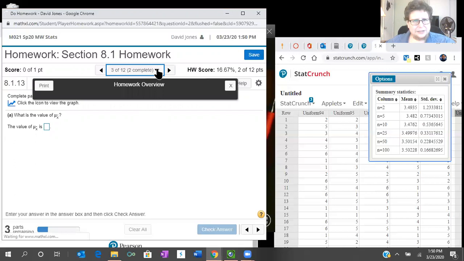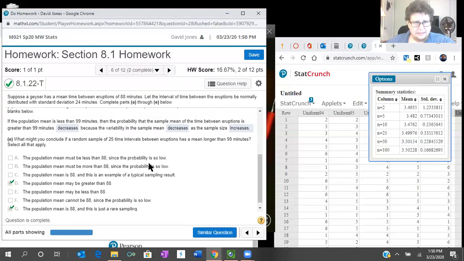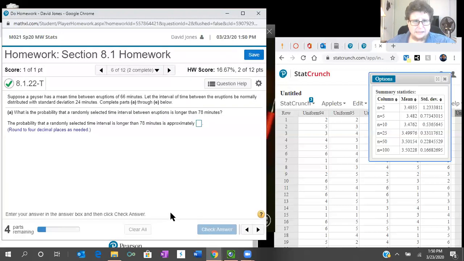I also want to take a look at number 6. So number 6 is on a geyser. And I'm going to write down the data it gives me. So problem number 6 is on geysers.